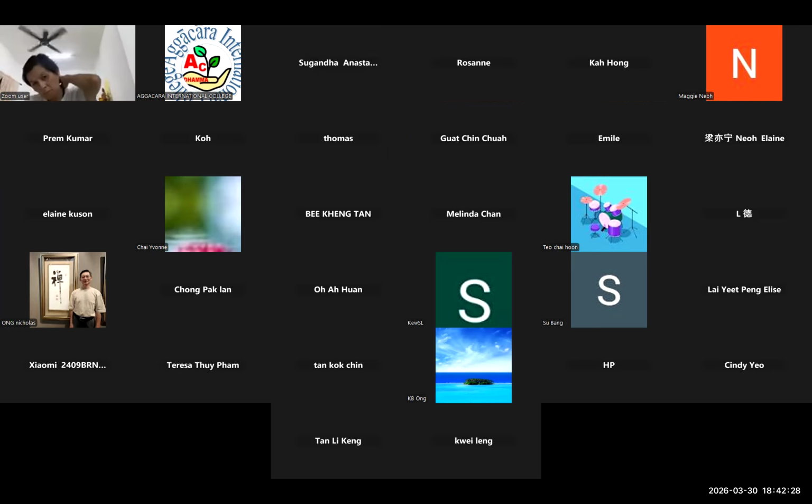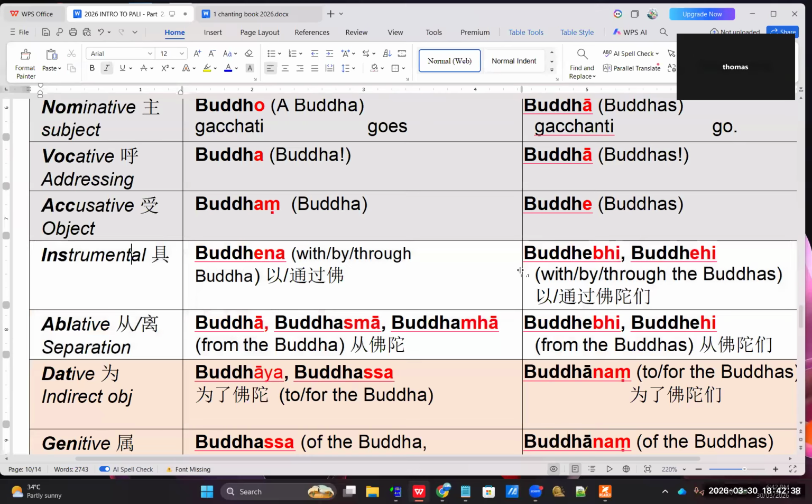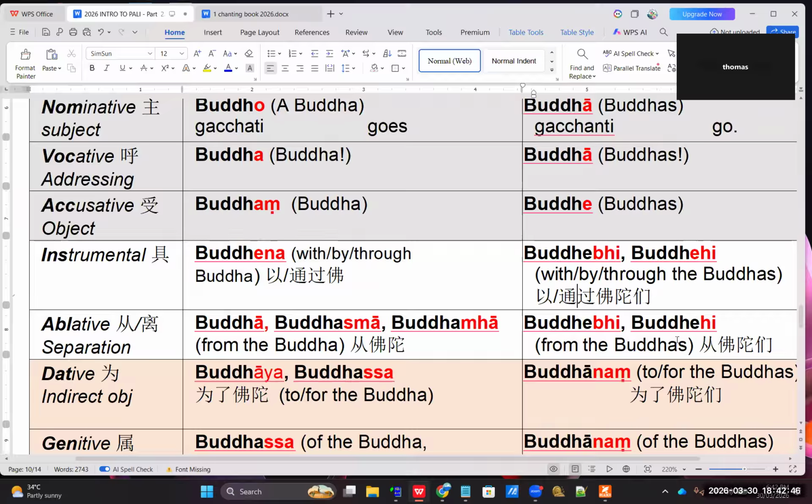Okay, Thomas, you just recite the instrumental and ablative. Can you hear me now? So this would be Budena, Budebi, Budehi, Buddha, Buddhasma, Buddhamha, Buddhebi, Buddhehi.